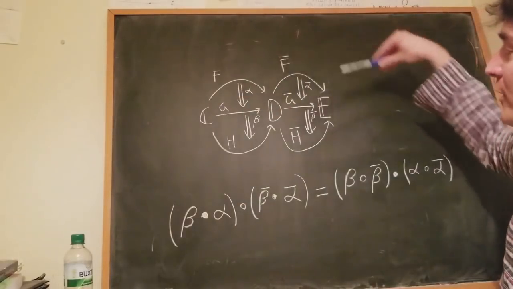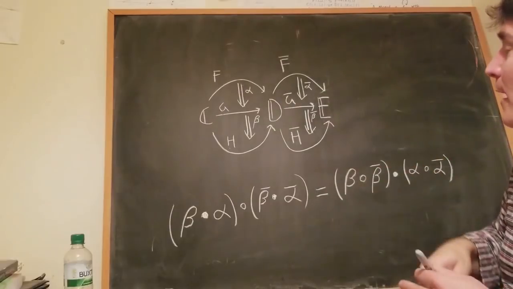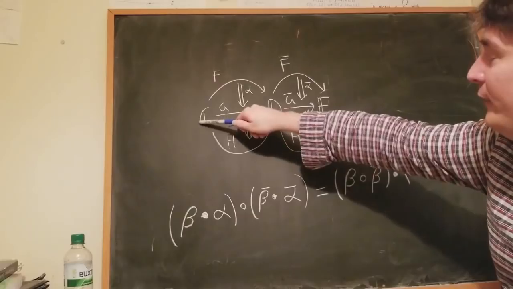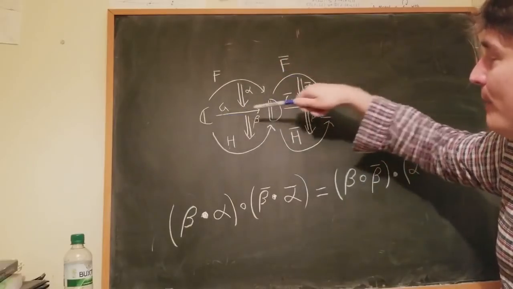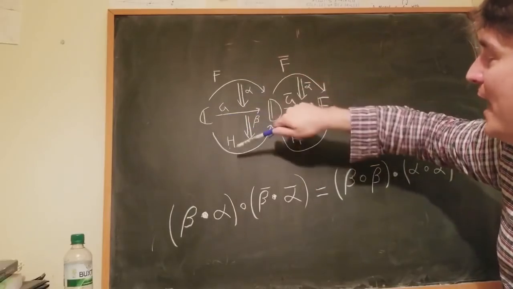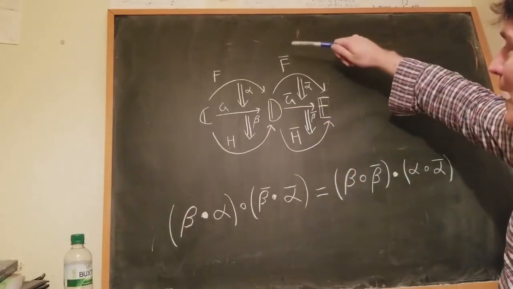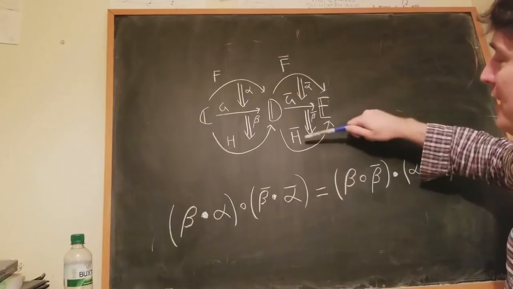So we have a kind of situation like this. We have a category C and a category D, and in this case we have these three parallel functors, F, G and H, all going from C to D. And similarly we have F bar, G bar and H bar.